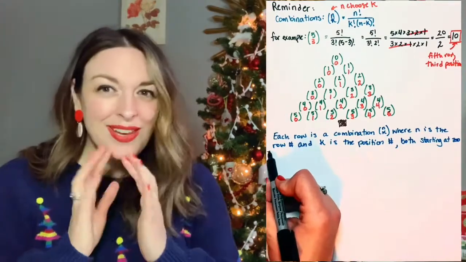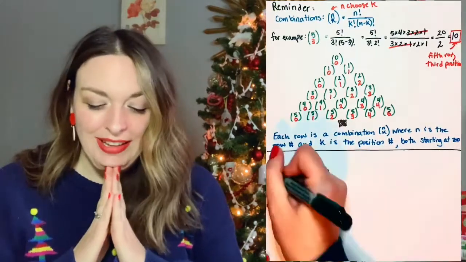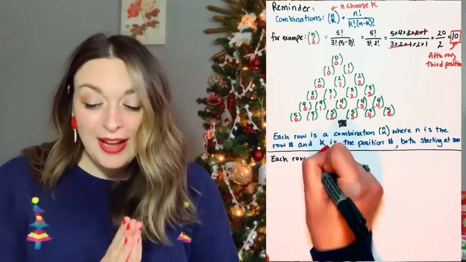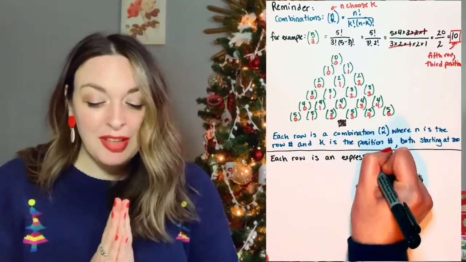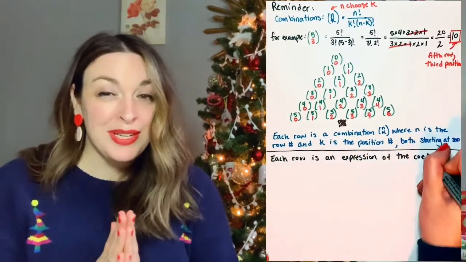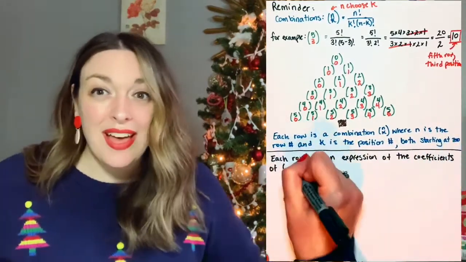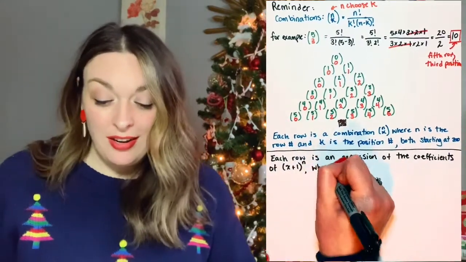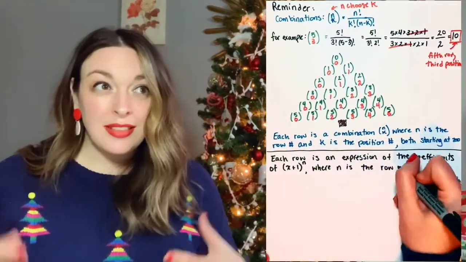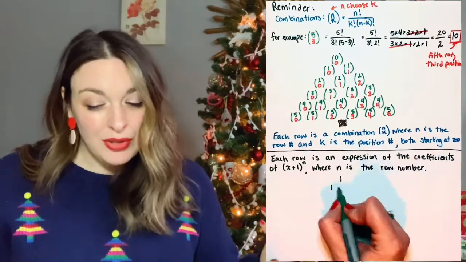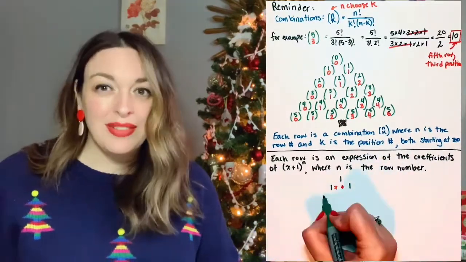All right, the next secret on our journey through Pascal's triangle is that each row is really just an expression of the coefficients of x plus 1 to the power of n, where n again is the row number. So for example, the first row is the 0th row, so that's 1, so x plus 1 to the power of 0, yeah, that's 1.